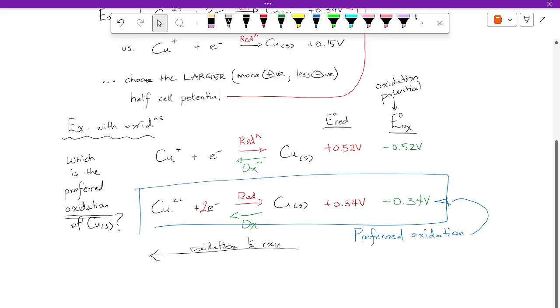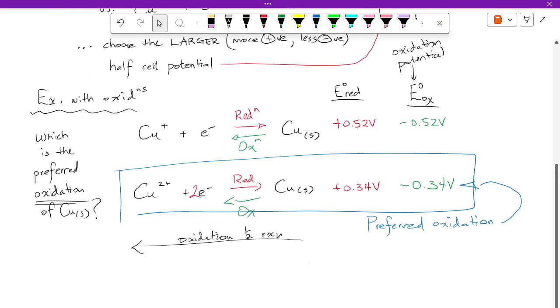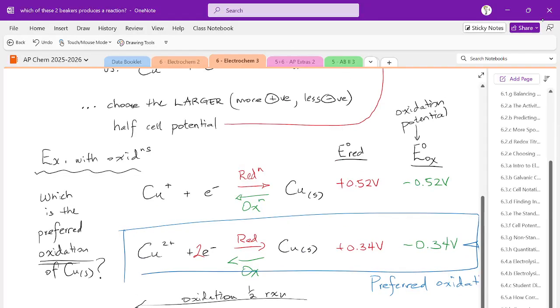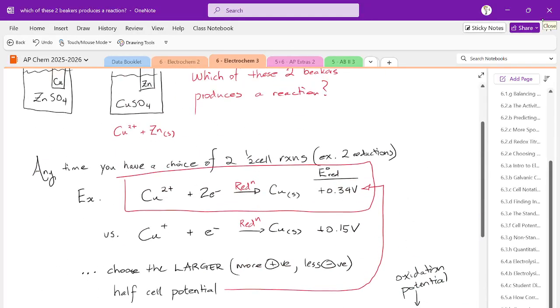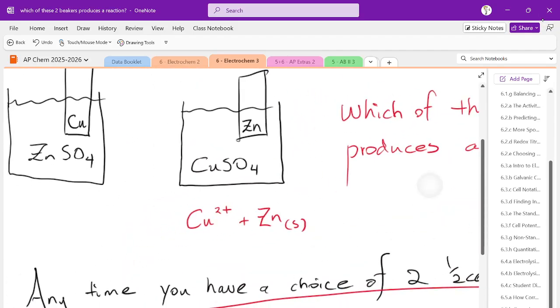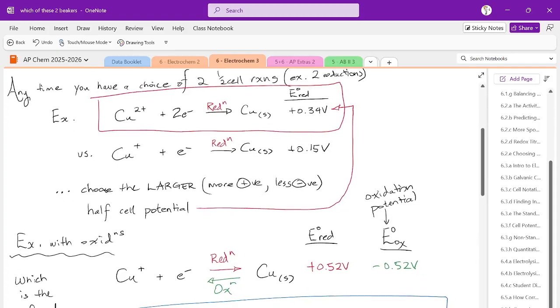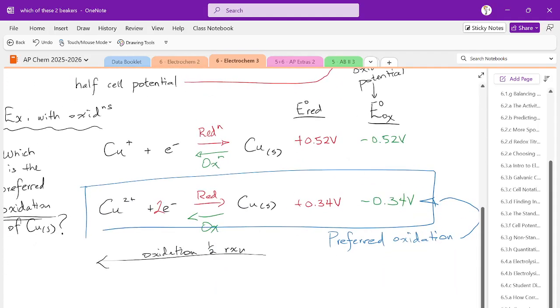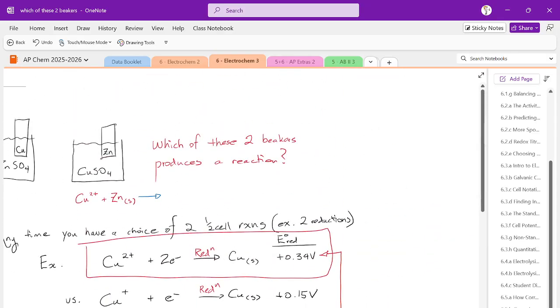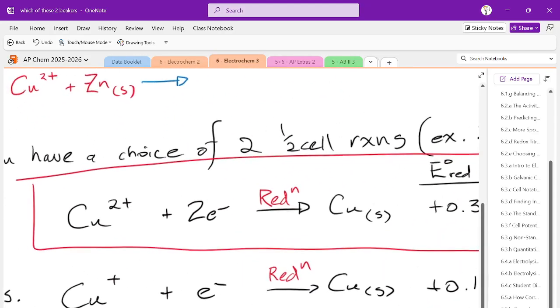So if we then go back to here, that means that when we predict our products for this reaction, we are going to have the copper 2 plus is going to become copper solid.